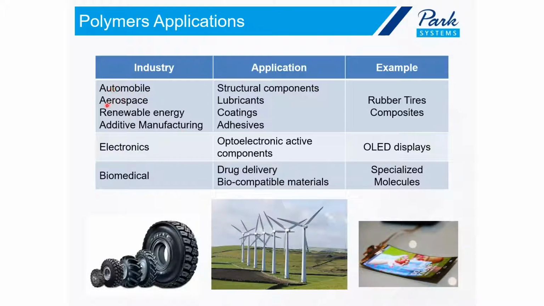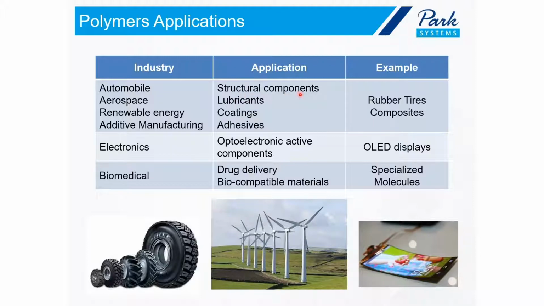For example, in automobile, aerospace, renewable energy, and of course, additive manufacturing. In renewable energy, especially in windmills, these modern windmill designs probably would not have been so efficient without polymer-based composite materials. In these industries, the polymers are used as structural components.